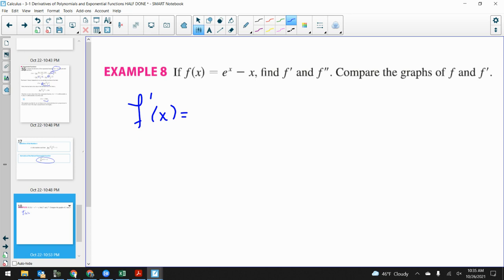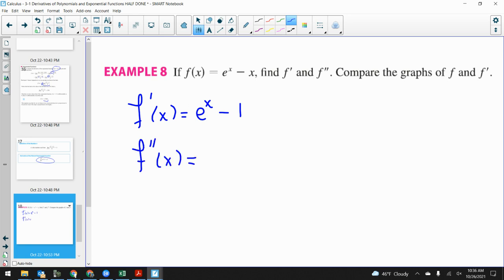Well, we just talked about it. What is the derivative of e to the x? e to the x. What is the derivative of x? 1. In this case, minus 1. So there's f prime of x. Well, what is f double prime of x then?